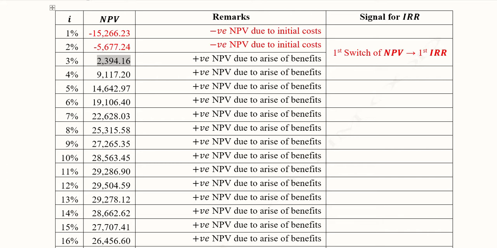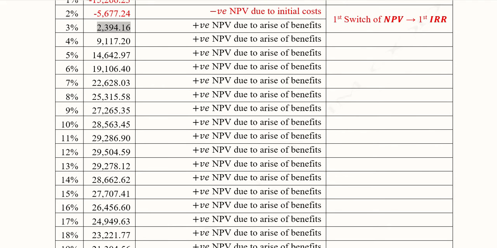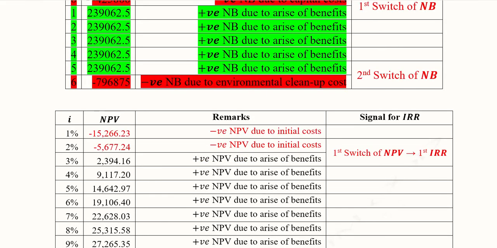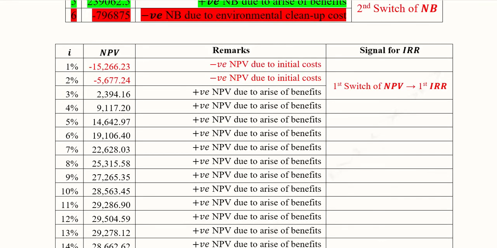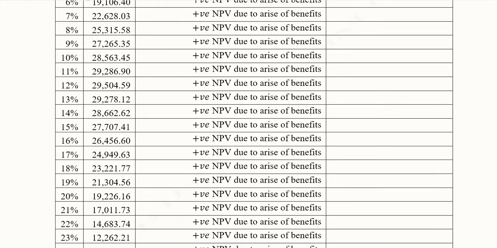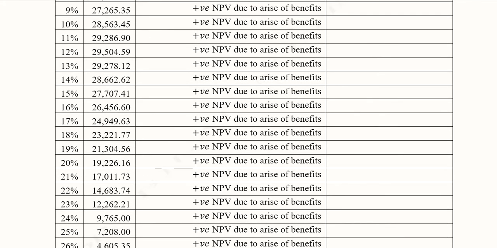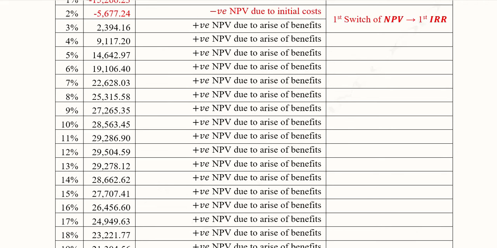As we further increase the discount rate, the NPV is varying in such a way that primarily it increases, but it starts to decrease after 12%.